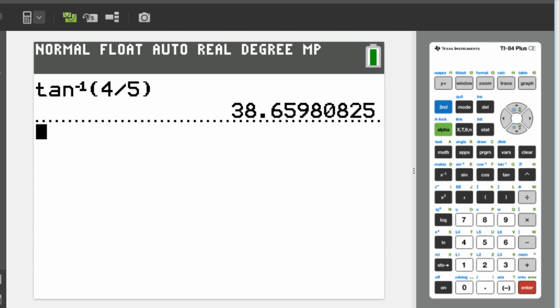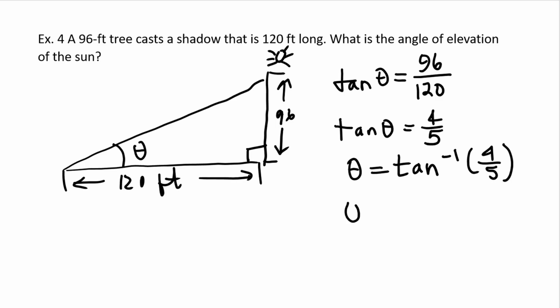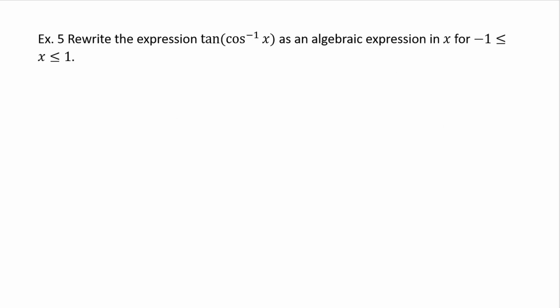Let's round that to 1 decimal place for our purposes, and we will write that theta is close enough to 38.7 degrees.